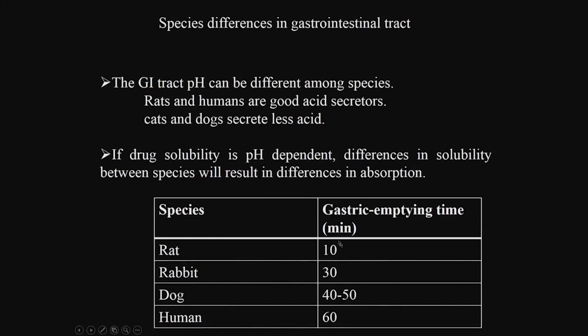The gastric emptying time is 10 minutes in rat, rabbit 30 minutes, dogs 40 to 50 minutes, human 60 minutes. So, you see large differences. Obviously, there could be differences in the performance of the drug because of the emptying between various species, and when I am doing a clinical trial with animals, the results can get modified because the emptying times are also very different. Okay.